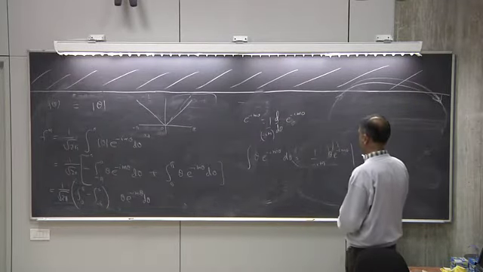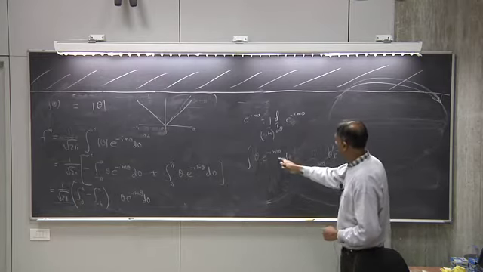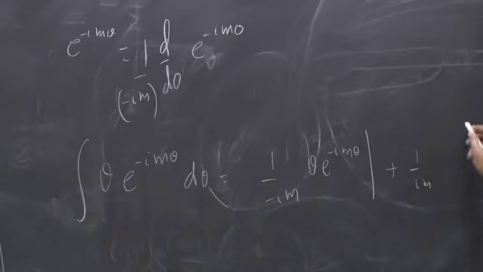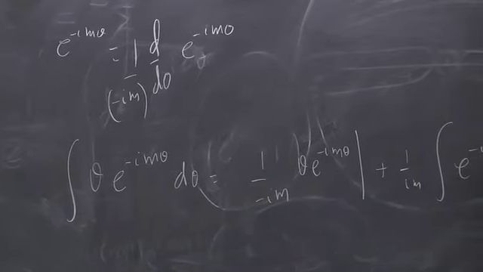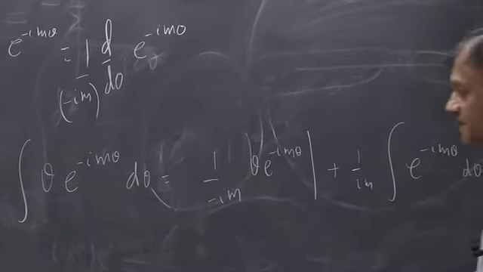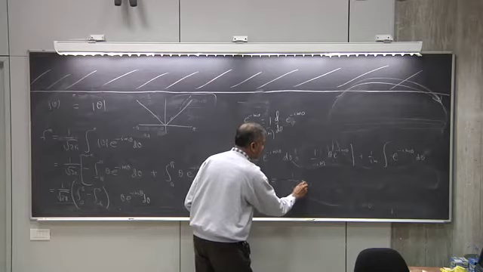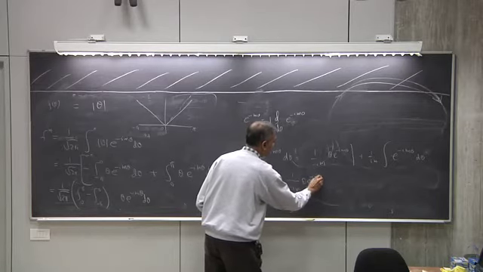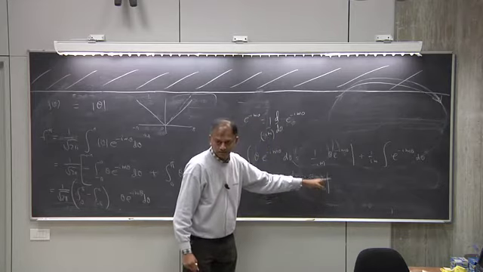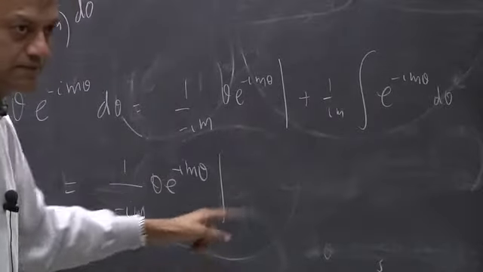And then I'll get plus 1 over i m times the d by d theta hitting this theta, which gives you 1. And then I have just the integral of e to the minus i m theta d theta, which gives you again, so this whole thing is 1 over minus i m theta e to the minus i m theta with the appropriate, by this notation I mean, plug in the boundary values, whatever they are.